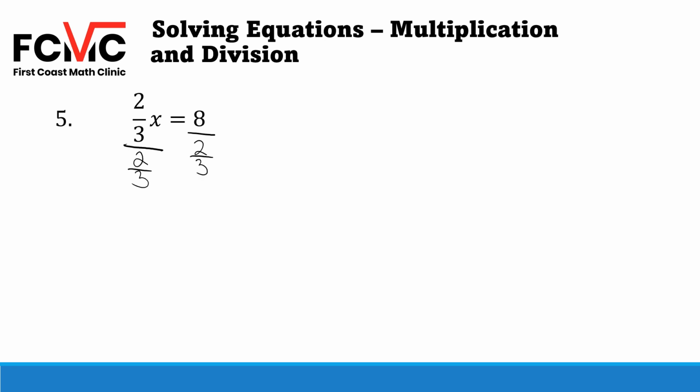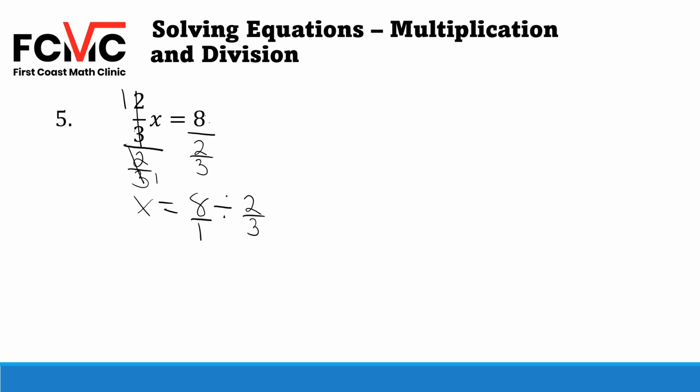So we're dividing 2/3 by 2/3. So our division, 2/3 divided by 2/3, just gives us 1 and 1, and we're left with x equals. So now we've got 8 divided by 2/3, so we can write this horizontally, 8 divided by 2/3, and I'll put that 8/1. Okay, or there's another way that we could do this.